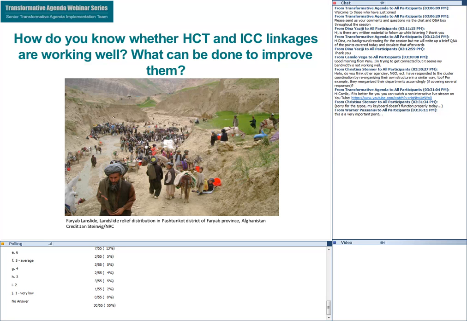There is quite a disconnect in terms of the level of needs in the field versus the humanitarian footprint of NGOs and UN alike. So that inevitably is a challenge.